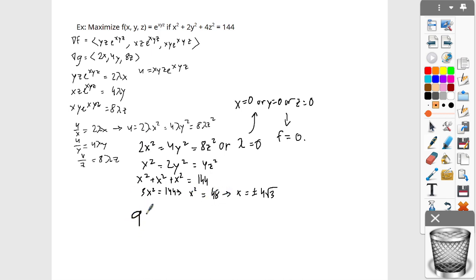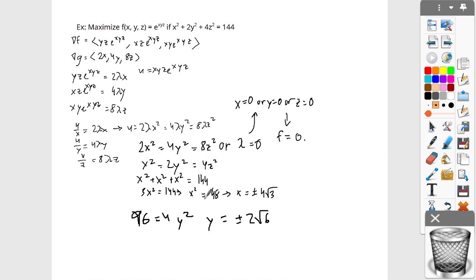So we have 96 is equal to 4y squared, because 2 times 48. So y is equal to what? Y is equal to plus or minus root 24, which is 2 root 6. And then we have the same thing. 96 is equal to 4z squared. Or, no, I'll just use this.